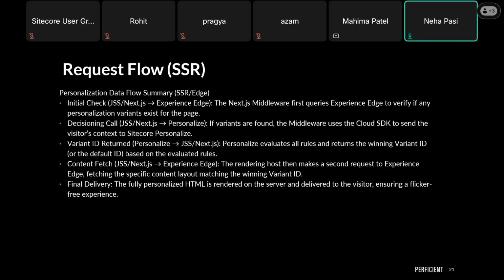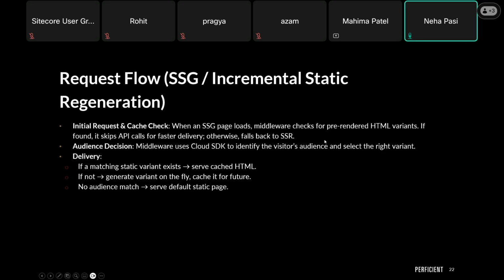Now, with SSG, we wanted to show you the code a little bit, but because of the time constraint, we'll quickly jump on to the SSG part of it. The workflow in SSG is a little bit different, because in SSG we have statically generated pages. When a user visits an SSG page, the middleware first checks if there's a pre-rendered variant existing. If it exists, then it will skip all the API calls and simply serve the cached HTML, which makes the experience extremely fast.